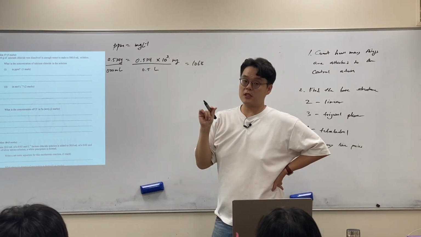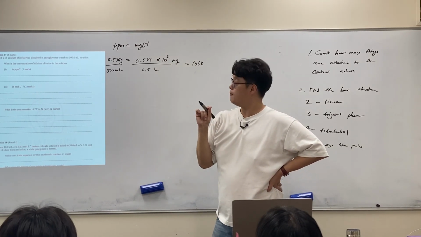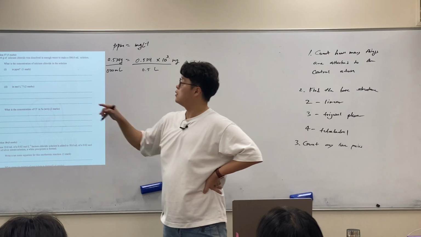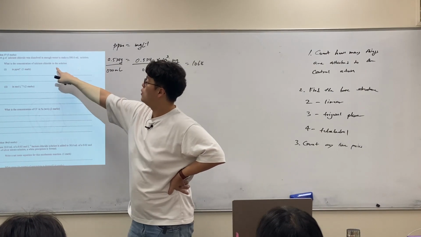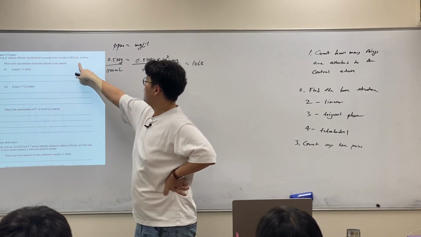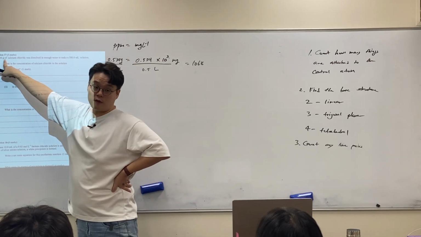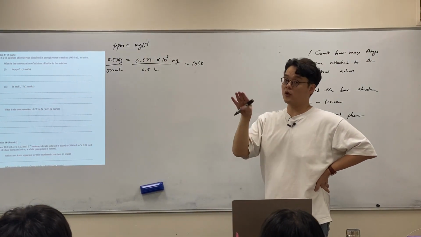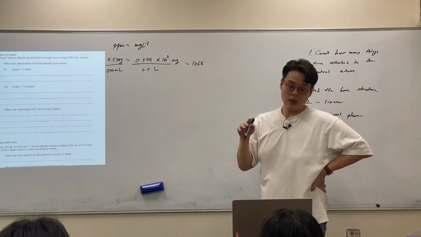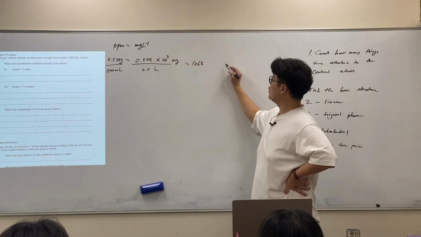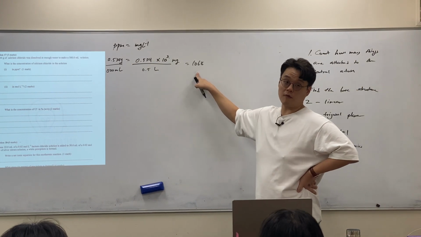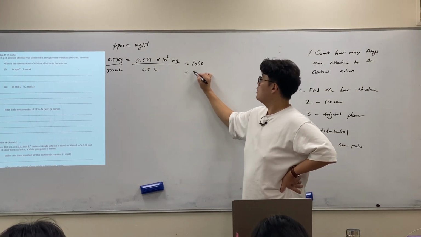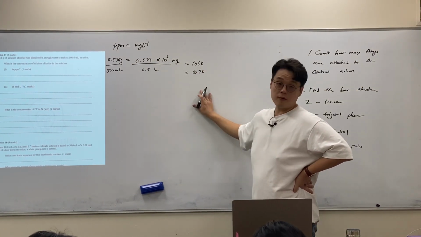But what are the sig figs? 500 is given, that's 3 sig figs, and 0.534 is 3 sig figs, while 500 is given as 4 sig figs here. As you're dividing, you need to follow the lowest sig figs in this case. So even though the answer is 1068, that's 4 sig figs, your answer should be 1070 for 3 sig figs.